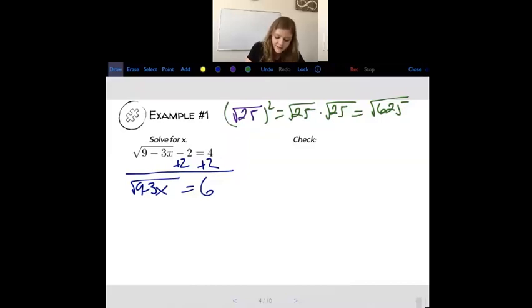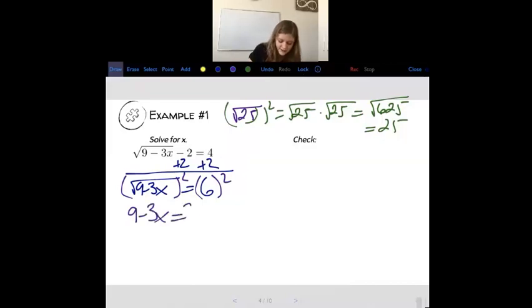And the square root of 625 is 25. So when you square a radical, you're left with whatever is on the inside. And the same is going to happen here. So when we square the square root of 9 minus 3x, we're left with 9 minus 3x, and then 6 times 6 is 36. At this point, this becomes a linear equation that we've solved previously.